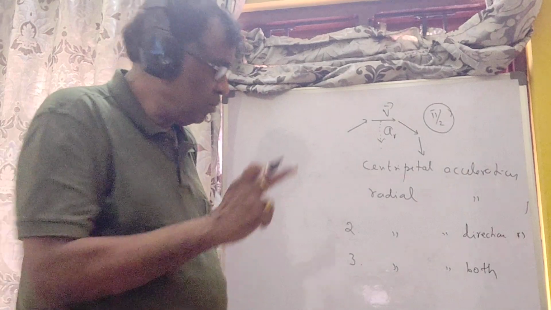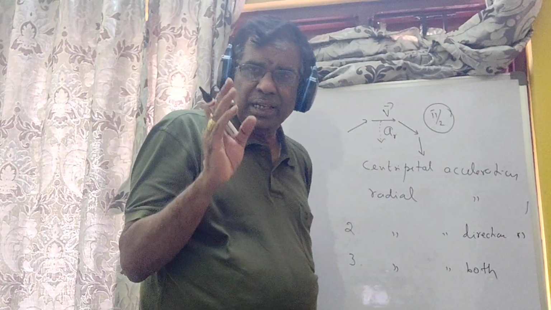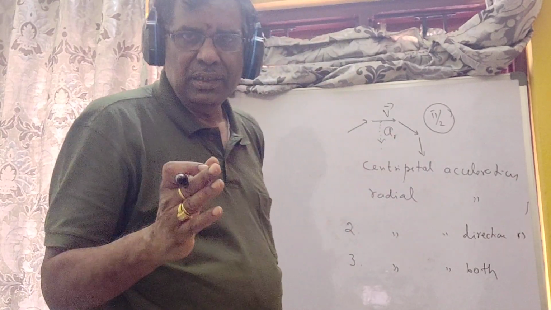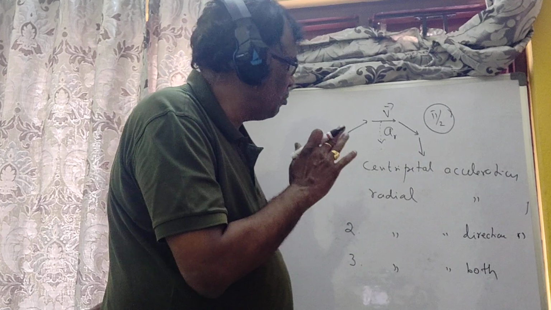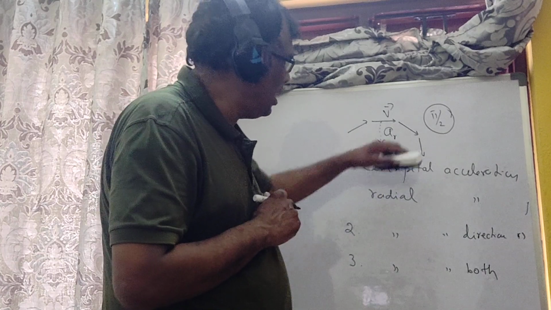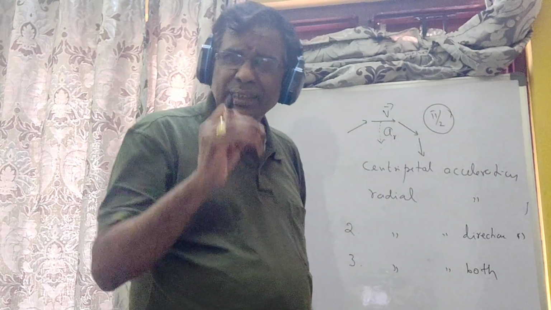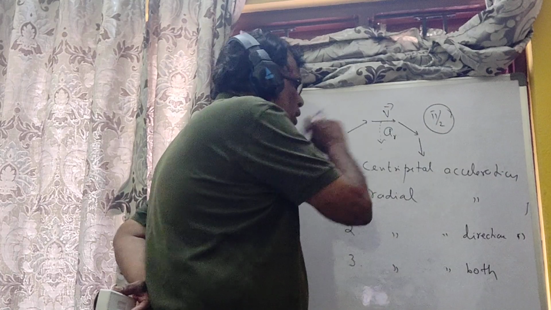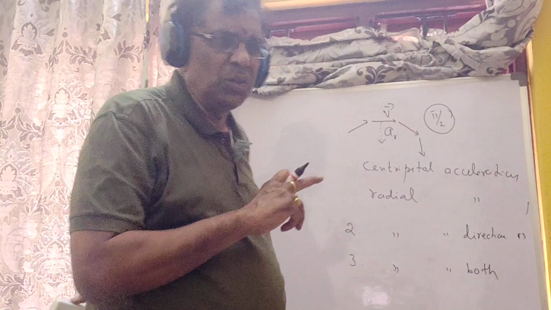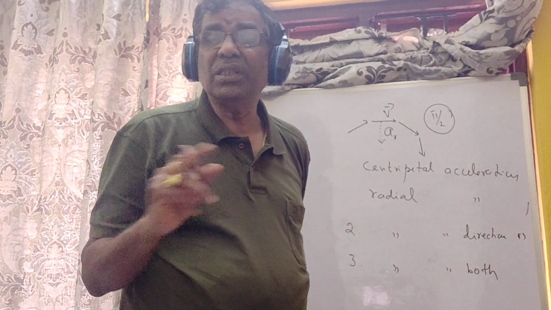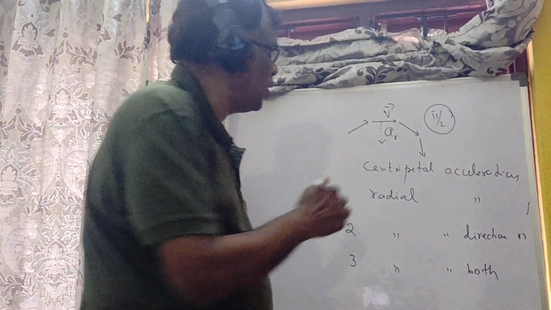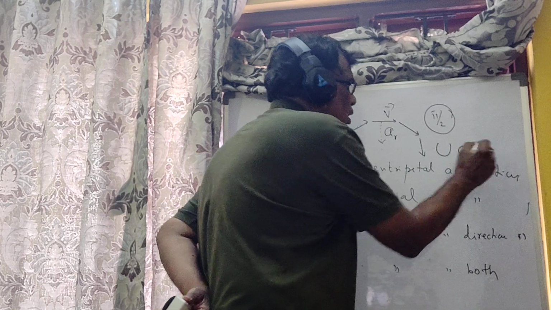You understand now? In the first case, the angle between velocity and acceleration is either 0 or pi. What is the meaning of that? The motion is bound to be a straight line motion or a one-dimensional motion. If the angle between the two is 90 degrees, then we call it a curvilinear motion with no change in the magnitude of velocity, and this is called uniform circular motion.